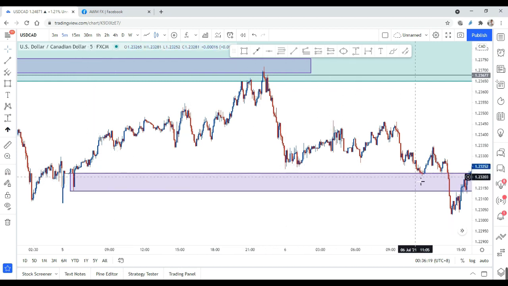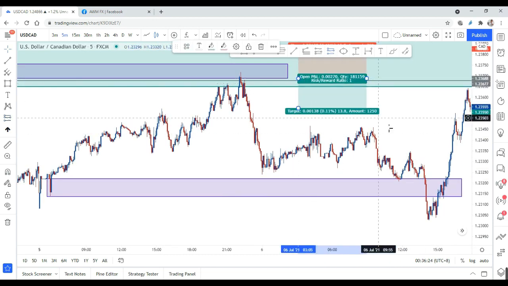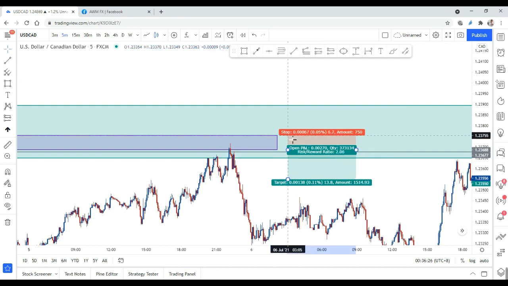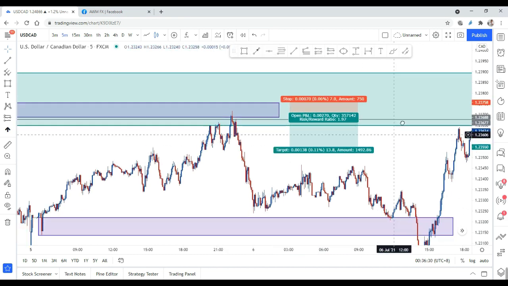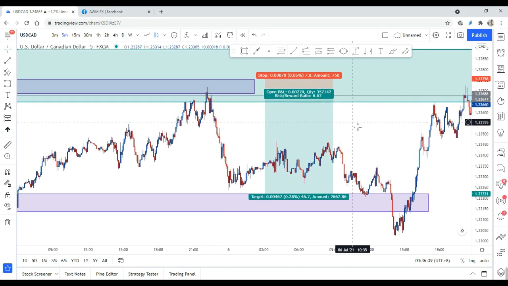So this is where I took my profit, and I have around a 1 to 6 risk reward ratio. Sorry about that. Not so much, it's around 1 to 6 risk reward ratio. So it's an easy peasy trade.